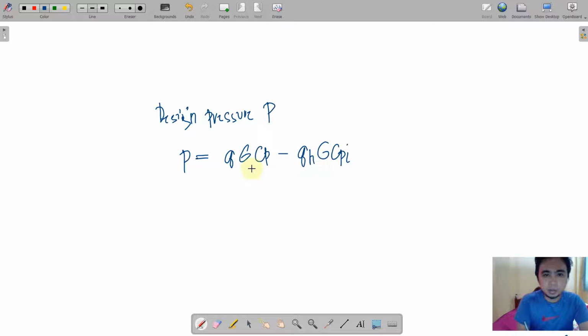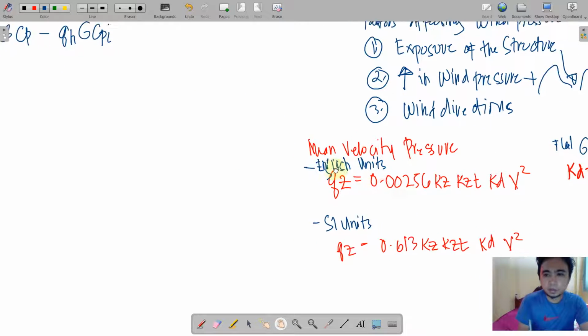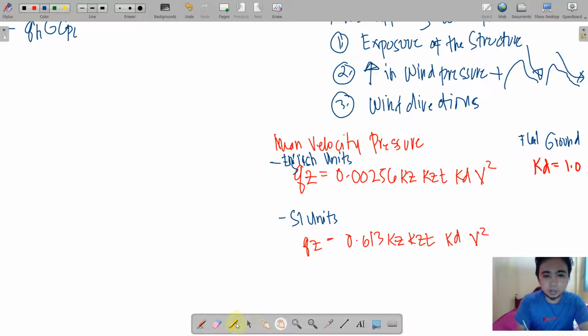Okay? So, what is this formula all about? By the way, kung titignan natin to, ang unit dito is unit for pressure, no? Ano ba yung unit for pressure ng English system? That is pounds per square foot.